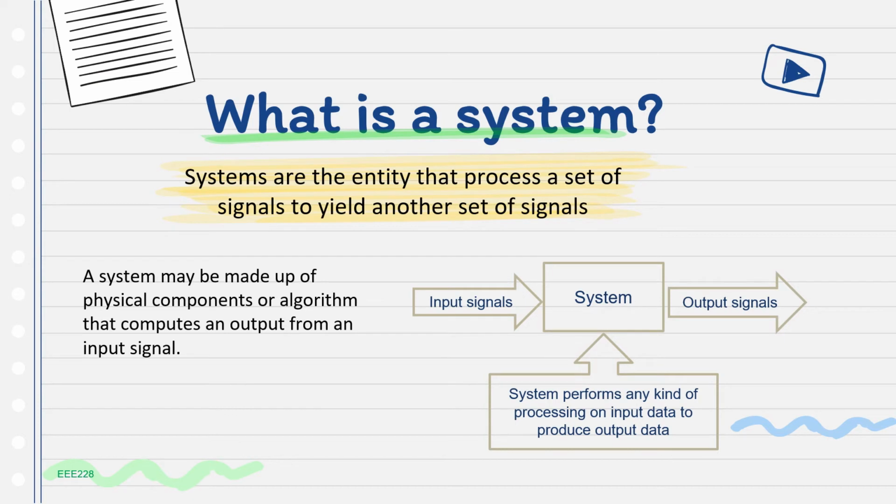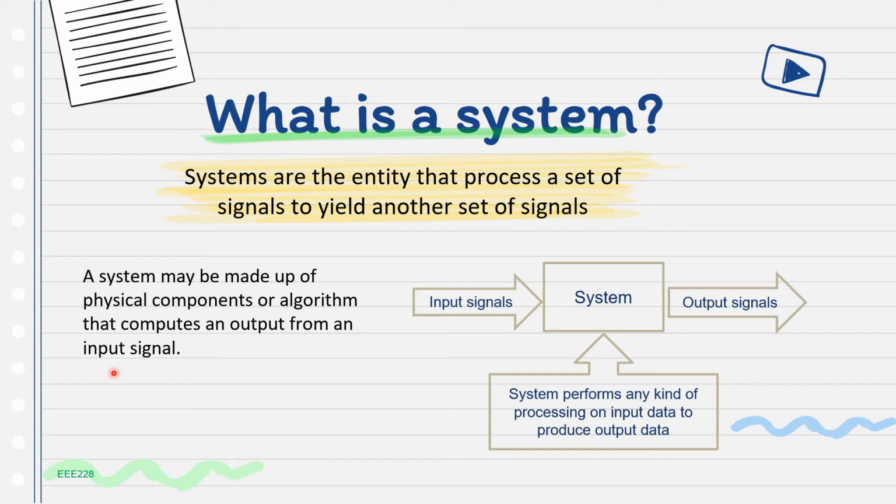Then let's look at what is a system. Systems are entities that process a set of signals to yield another set of signals. A system may be made up of physical components or an algorithm that computes an output from an input signal.